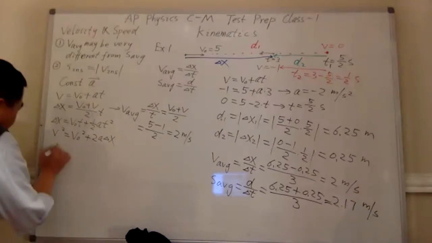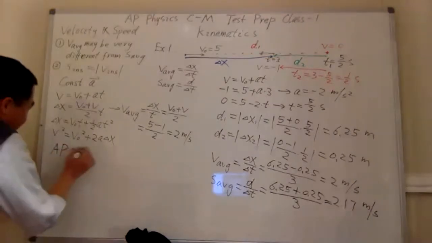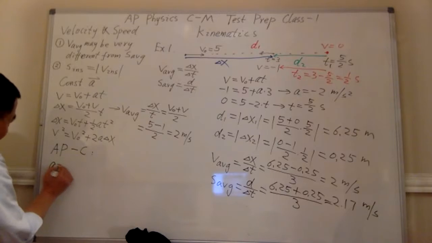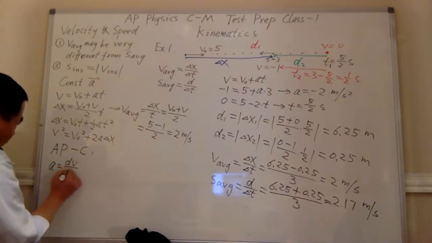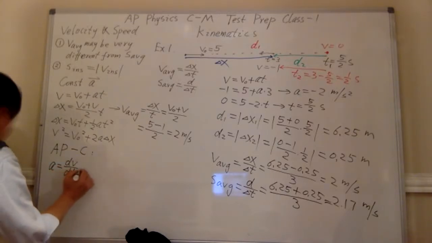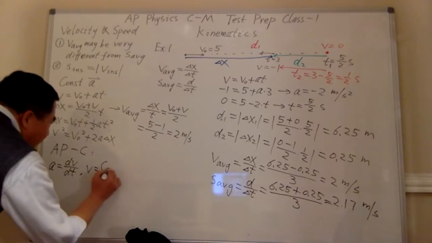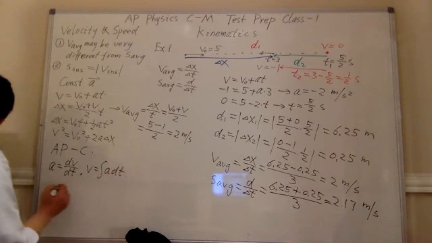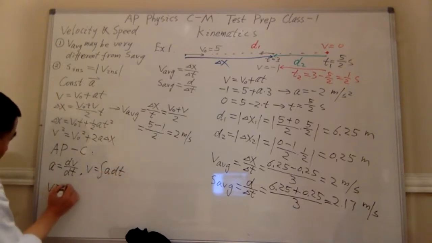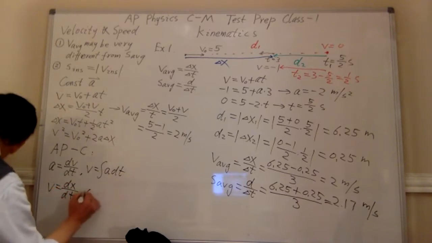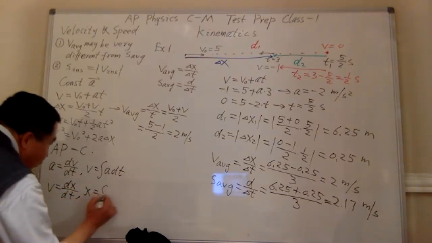We define acceleration a equal to dv over dt. Then v will equal the integral, the anti-derivative, of a dt. Then we said v will equal dx over dt. Then x will be the anti-derivative of v dt.